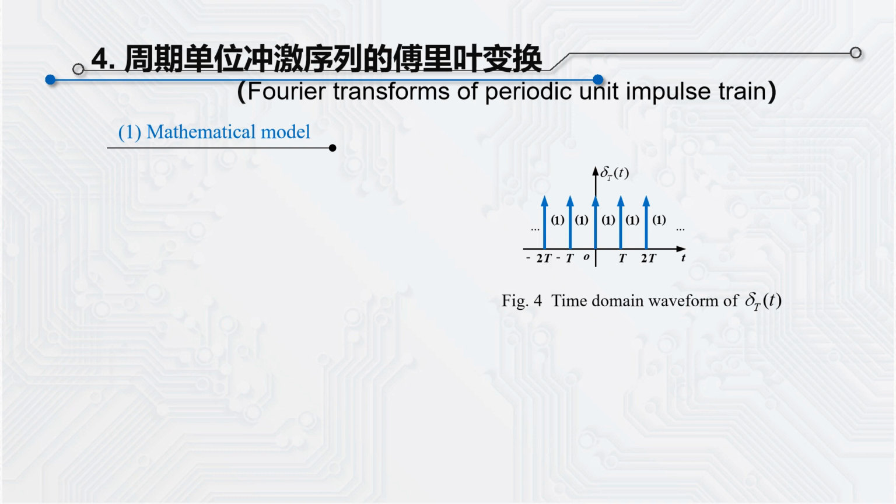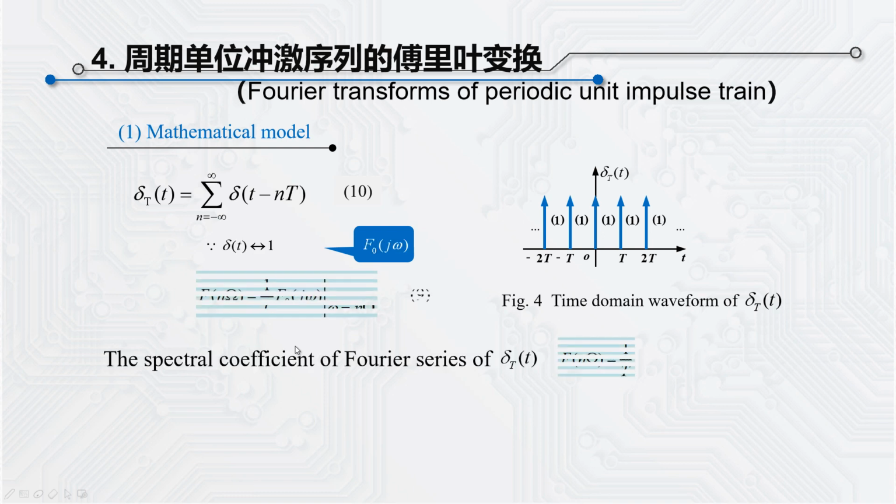Let's take a look at Fourier transform of unit impulse train. Let's first look at the mathematical model of unit impulse train as shown in Formula 10. This is its time domain waveform. Obviously, it's an impulse train. Because the Fourier transform of delta(t) is 1, obviously, Fourier transform F0(j omega) of its principal value period is 1.